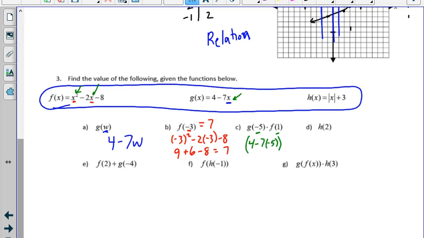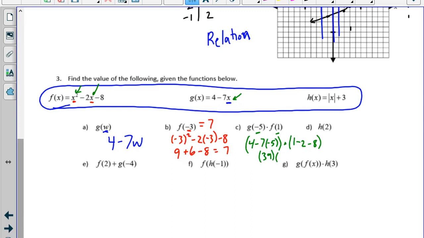I have to find that value all together, and then multiply that by whatever happens when I substitute in 1 to f of x. So 4 minus 7 times negative 5 is 4 plus 35, so that's 39.